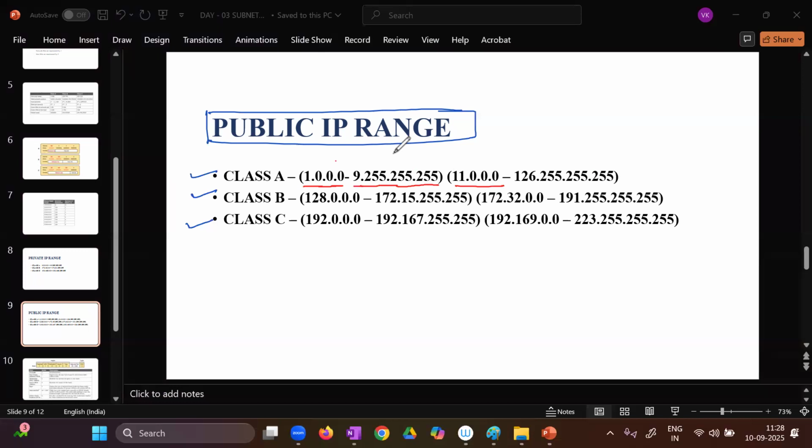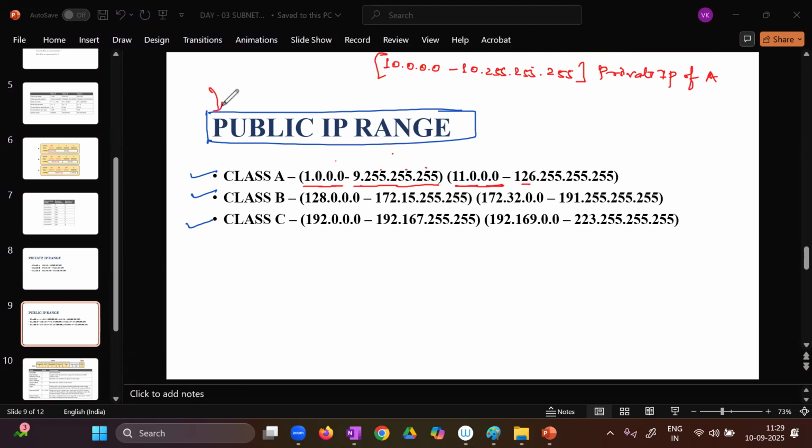Because 10.0.0.0 till 10.255.255.255 is the private IP range of class A. That's why here it is ending at 9.255.255.255 and again starting at 11.0.0.0.